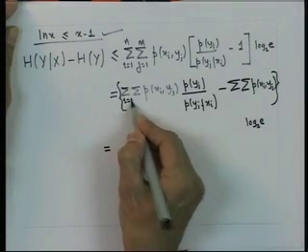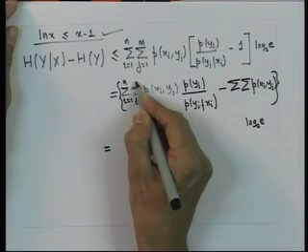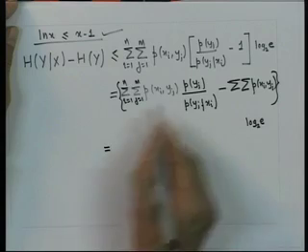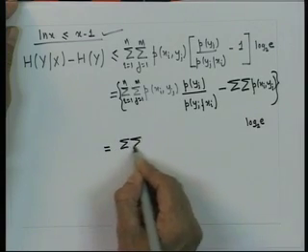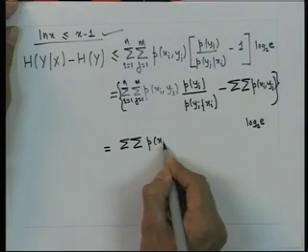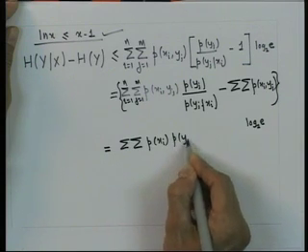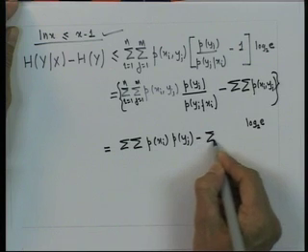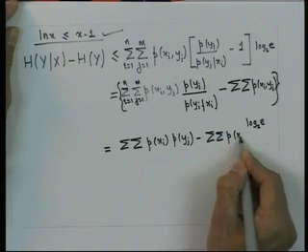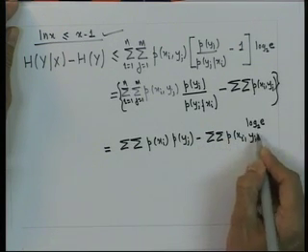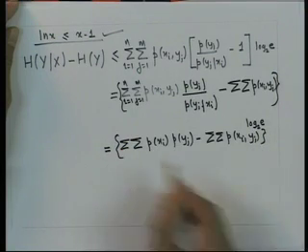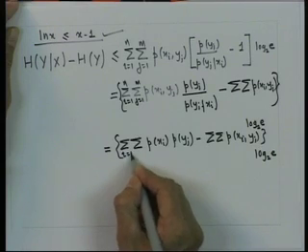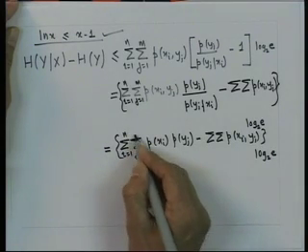Now, writing this expression using the Bayes theorem, we get summation of probability of xi, probability of yj, minus probability of xi, yj, with i equal to 1 to n and j equal to 1 to m.